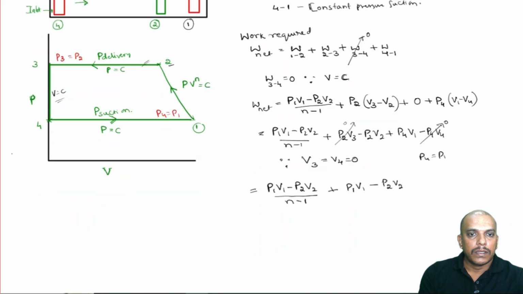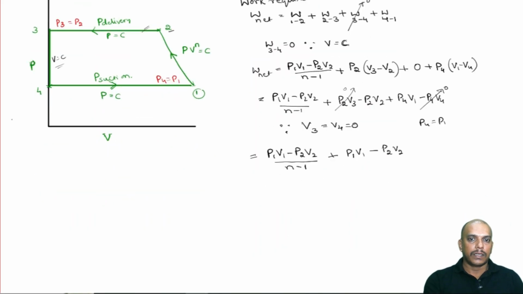Now, this can be further simplified, we can take P1 V1 minus P2 V2 common. If we take this common, we will have 1 by (n minus 1) plus 1, or we can rewrite it like (1 plus n minus 1) whole divided by (n minus 1).